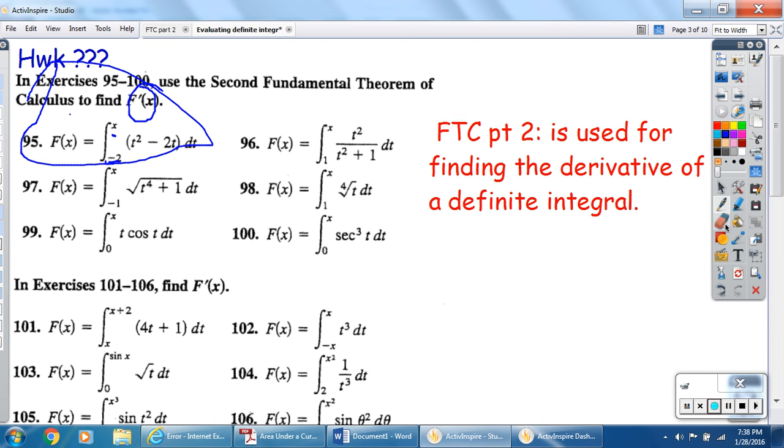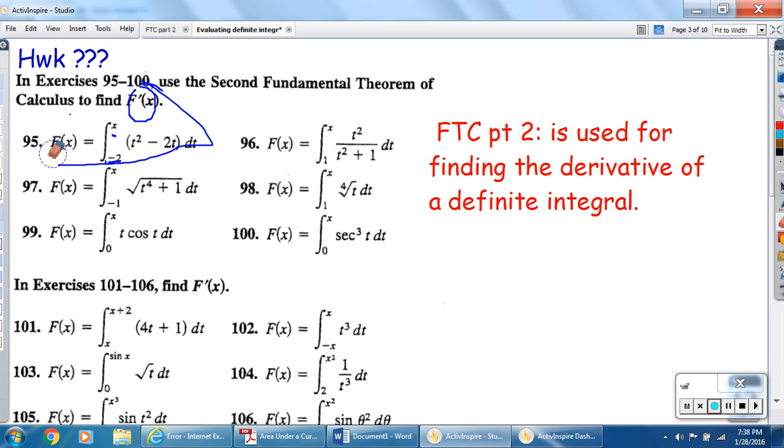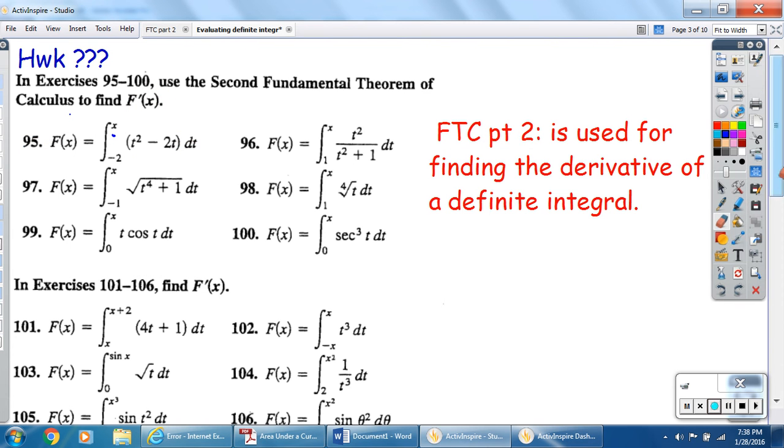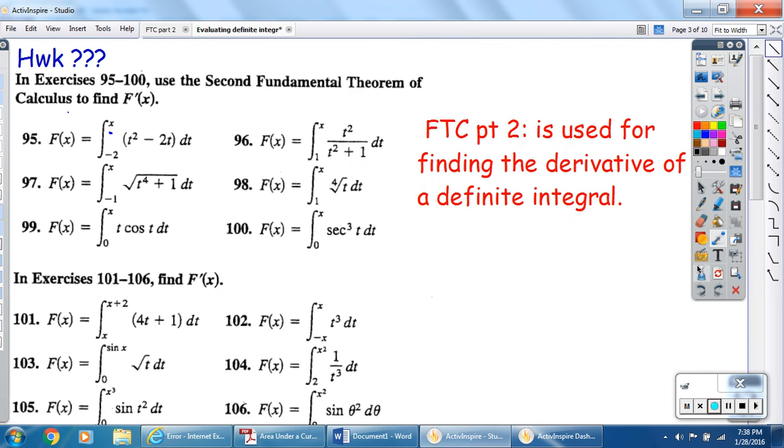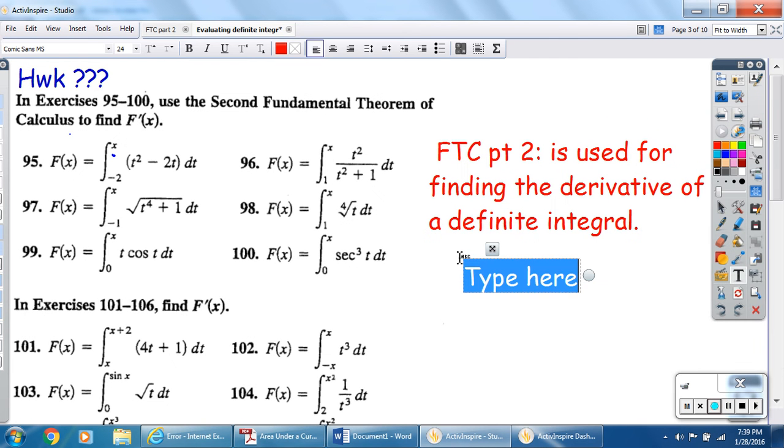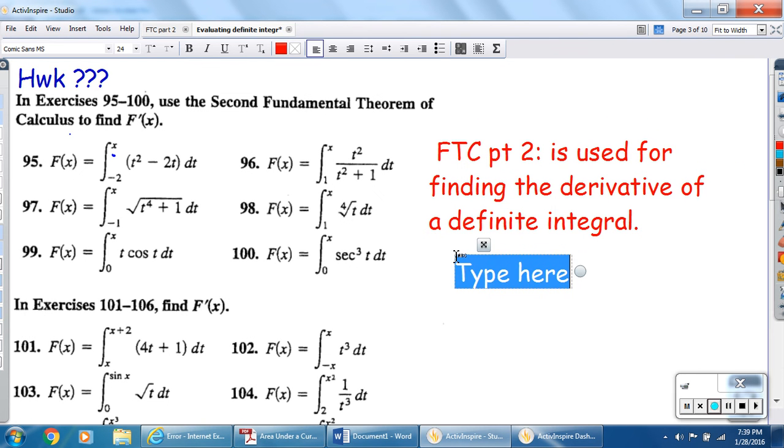Now if you think back to the video that you looked at, when you're finding the derivative of a definite integral, there are basically 3 steps to do that, and here are the 3 steps. Number 1, take out the t. Often the dummy variable, it's called a dummy variable on the integrand.